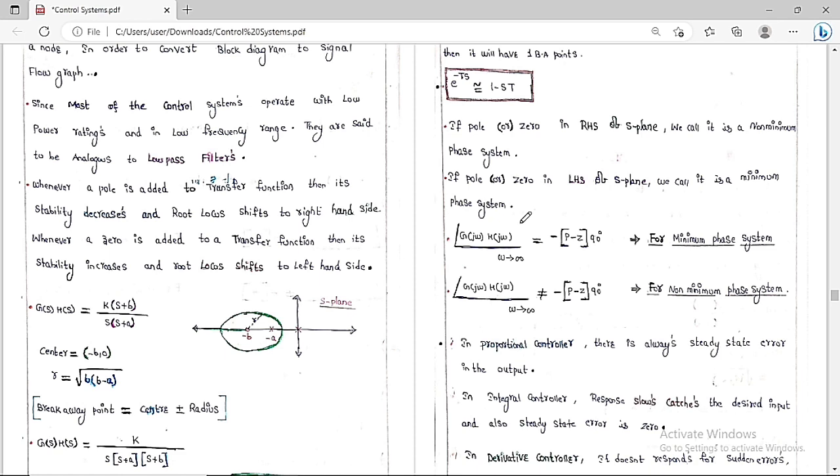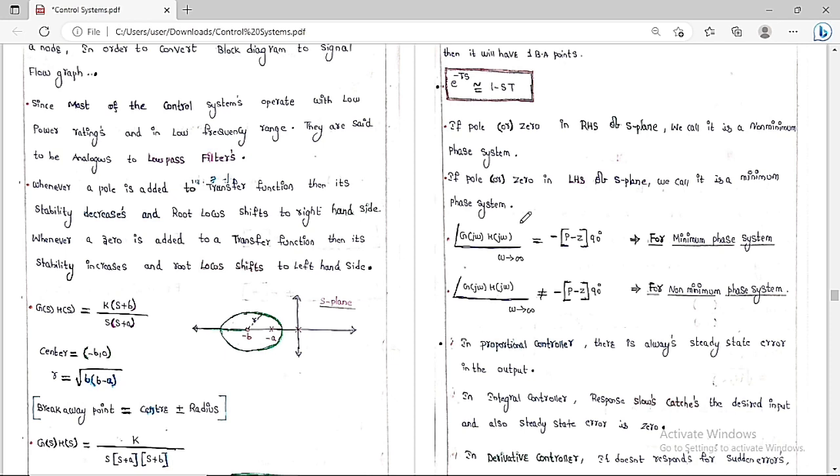So we can say whenever you add a pole to the open loop transfer function, the stability decreases because the root locus shifts to the right hand side. But if you add a zero to the open loop transfer function, the stability increases and the root locus shifts to the left hand side.